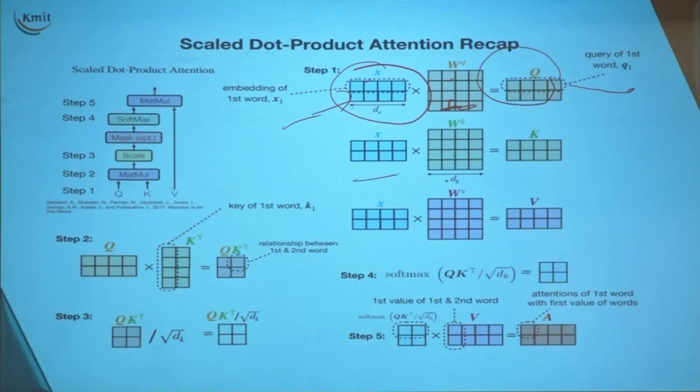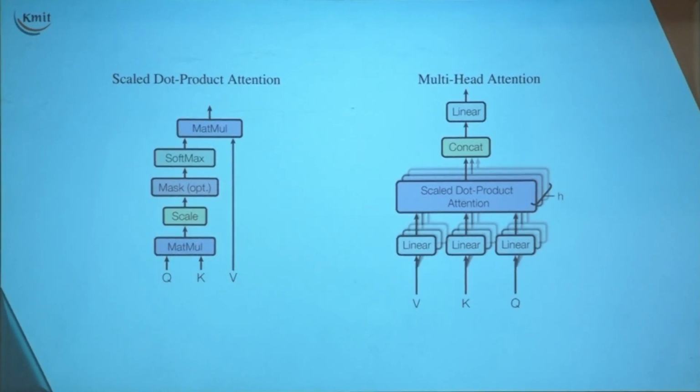Next, what do I do? This X is multiplied with the random weights generated for K, so we get the key for the first word. After that, the same X is multiplied with WV, with which I generate V. So the output of the first block is Q, K, V. Can you see that Q, K, V in the bottom on the left hand side of the figure?